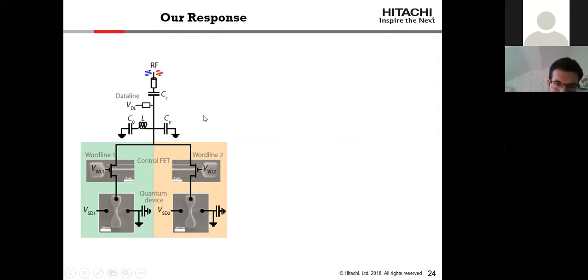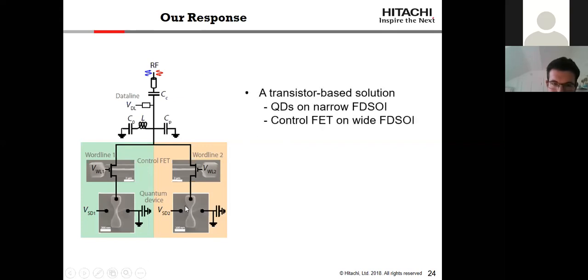So how do we do that? With this particular scheme that we have here on the left-hand side. So we have our quantum devices, like the ones we've seen before in the presentation, that are interfaced by control transistors that are fabricated on the same chip using the same fabrication technology, and they interface the quantum devices with a single resonator.